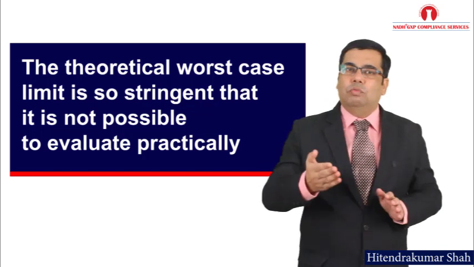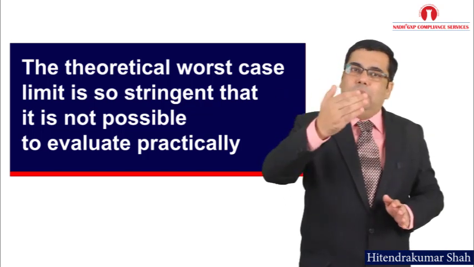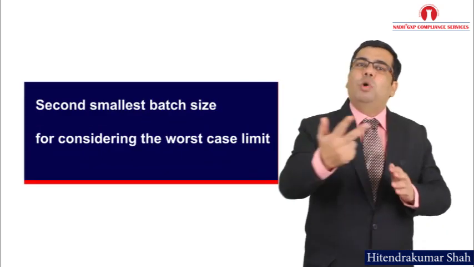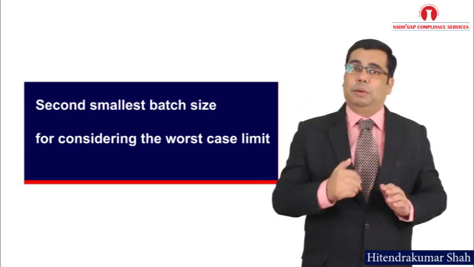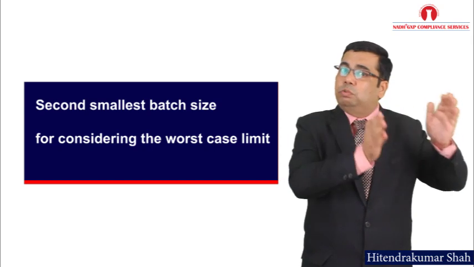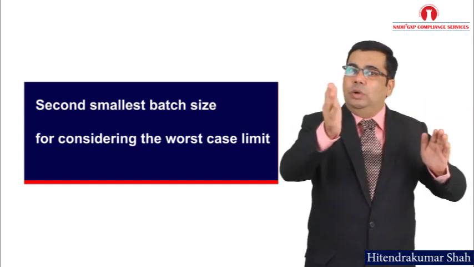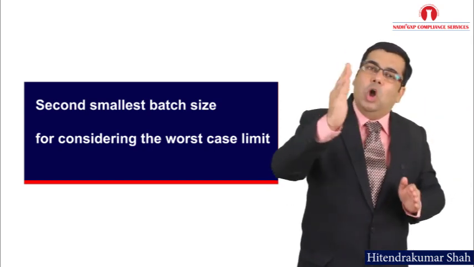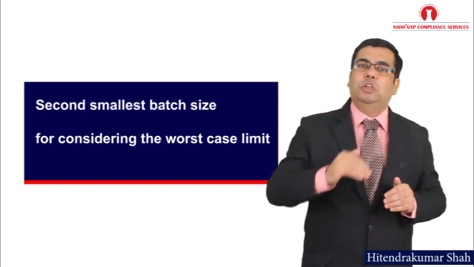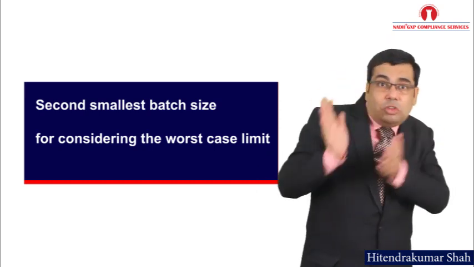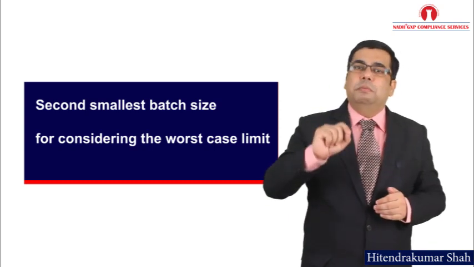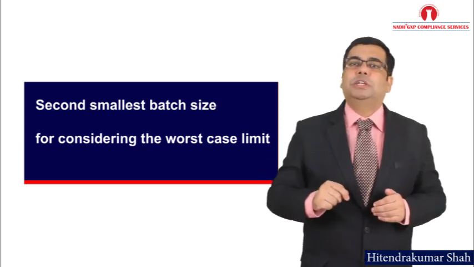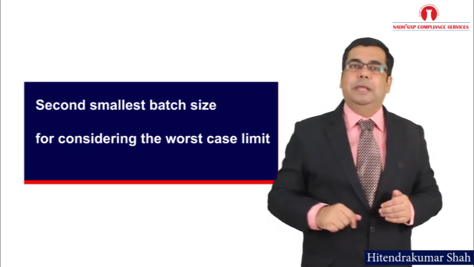Some ways are, for example, you can go for the second smallest batch size for considering the worst case limit. However, for the first smallest batch size product, you decide through an SOP not to manufacture the worst case product before this product. And of course, you can validate the primary or first worst case product separately.